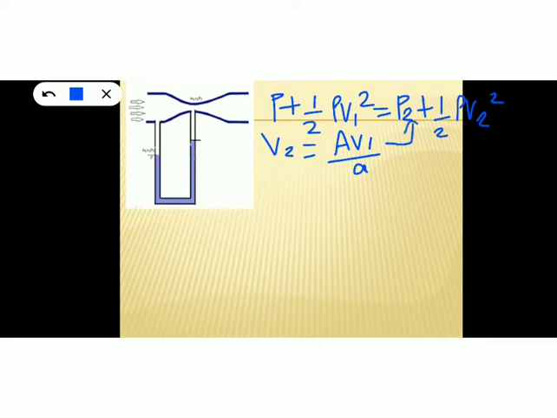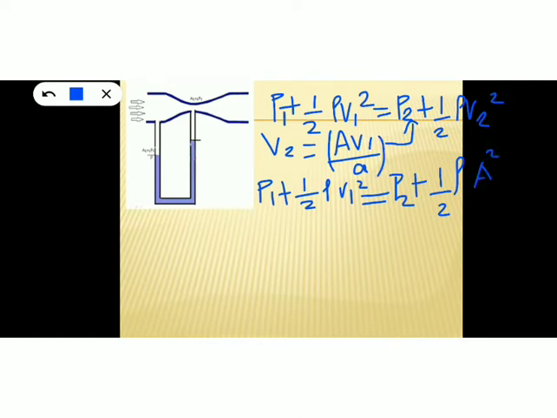So you will get P1 plus half rho V1 square equal to P2 plus half rho, V2 is A V1 by small a. So V2 square will be equal to A square V1 square by small a square. Now bring all the pressure terms together. Bring P2 from the RHS to the LHS.